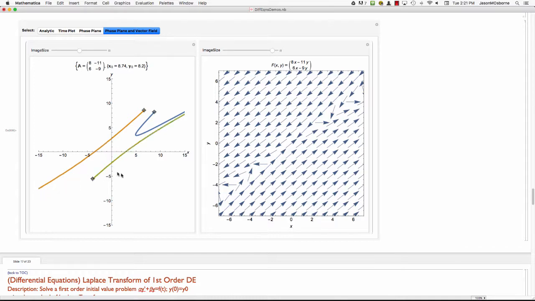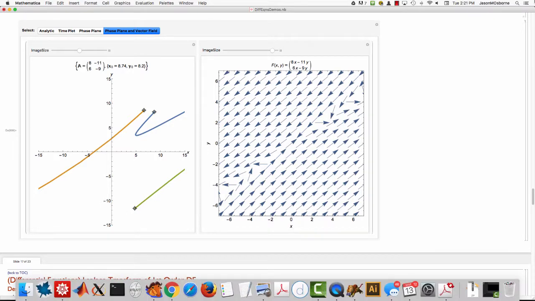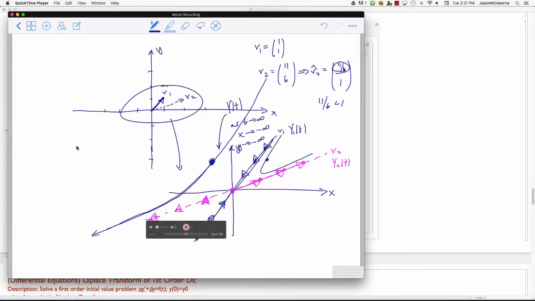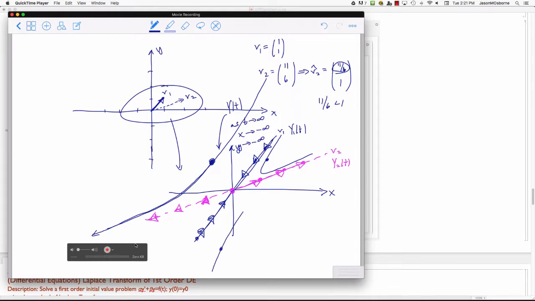And then here's another solution down here, which is consistent with our hand-drawn picture: initial conditions down here would follow the arrows up, but then they come into these other pink ones, which also forces them to keep going up. Very rough sketches, but I think everything comes into play.